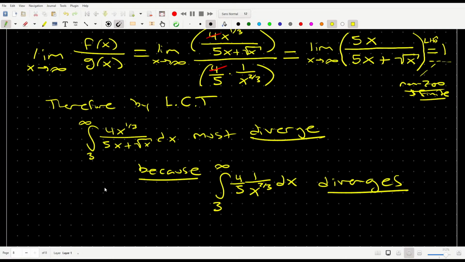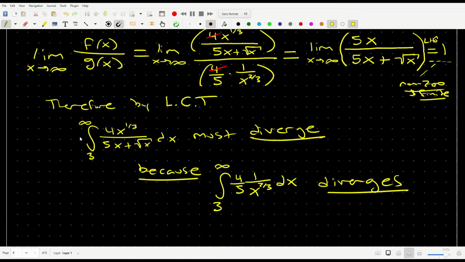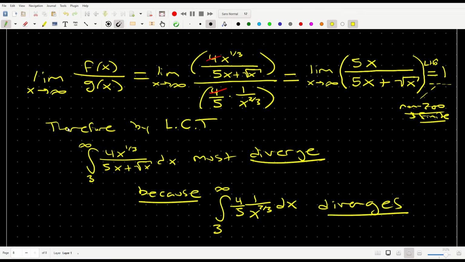Now, I want you to be very careful here. This limit has nothing to do with the actual value of the improper integral. If you were to apply this test and find that a given improper integral converges, it does not mean that you have the value of that improper integral.